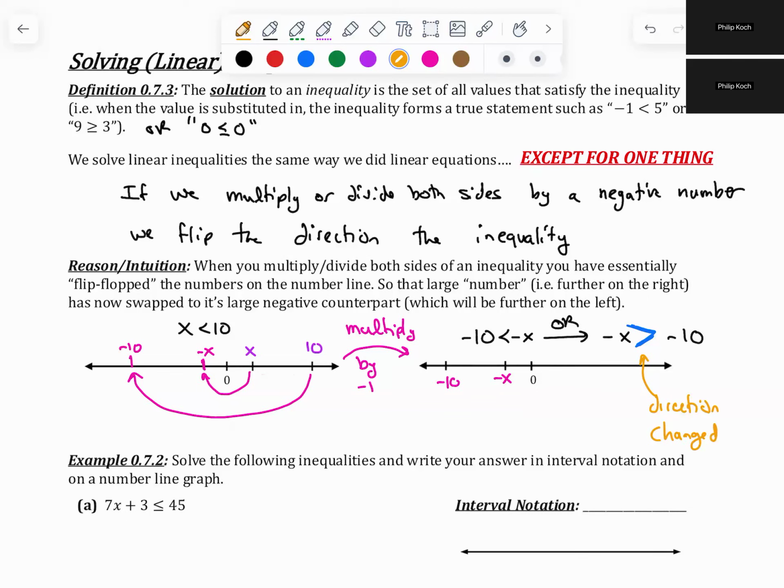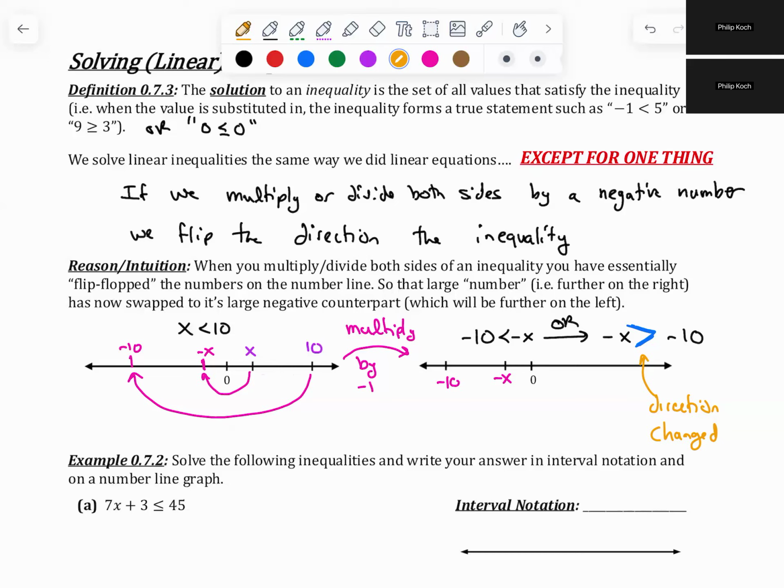It was originally x is less than 10, now it's -x is greater than -10, because everything swapped. We did -1, but the same concept is true with -2 or dividing in half. The number that was further right is now further left, and the number that was less right is now less left.